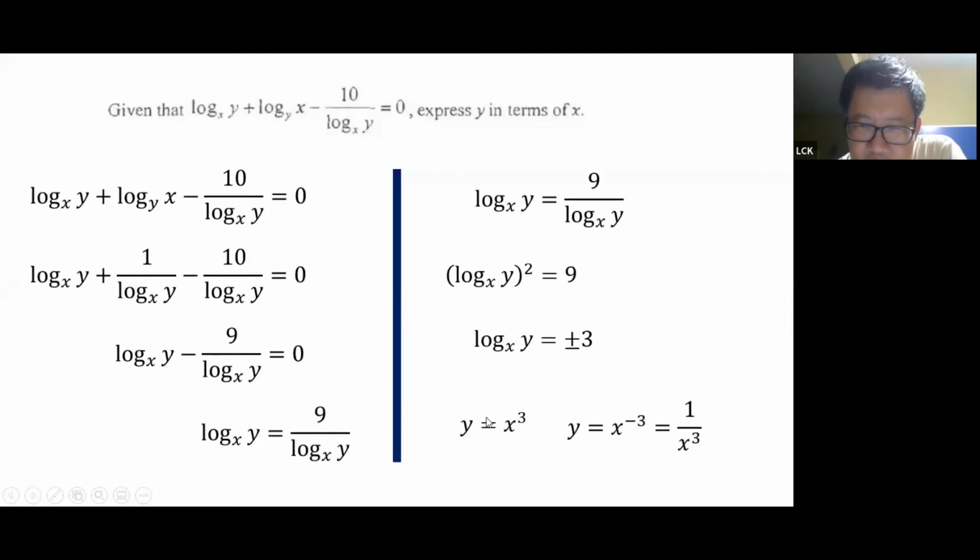So this is express y in terms of x. This is it, and that's it. The plus 3 ends up here, the minus 3 ends up there. And of course, you can go one step and express it like that. No problems.